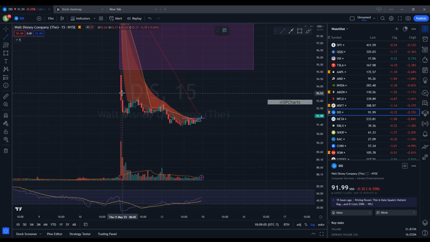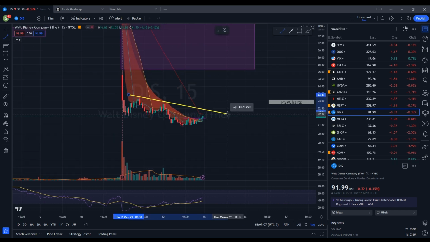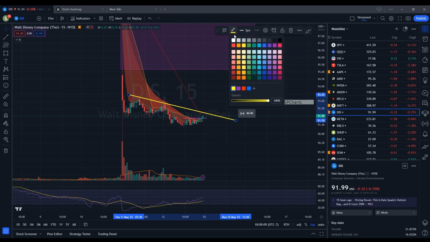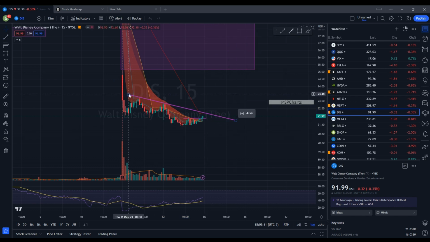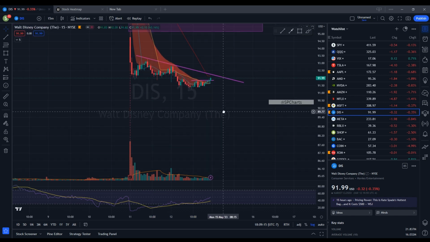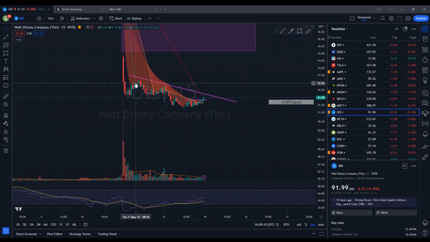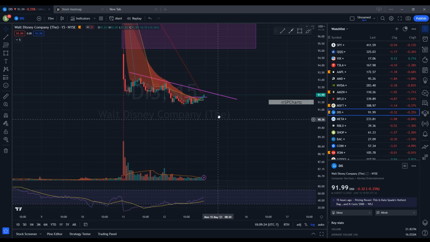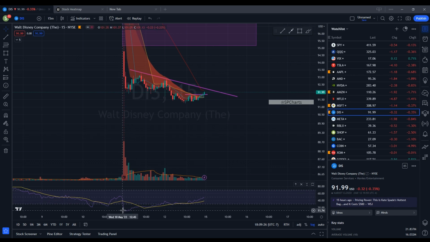Now for a potential entry point, let's see if we can make a trend line. I think this would be good. It's wicked off twice here. It's kind of in line with this EMA curling. But see how the RSI has been oversold for quite a bit now.